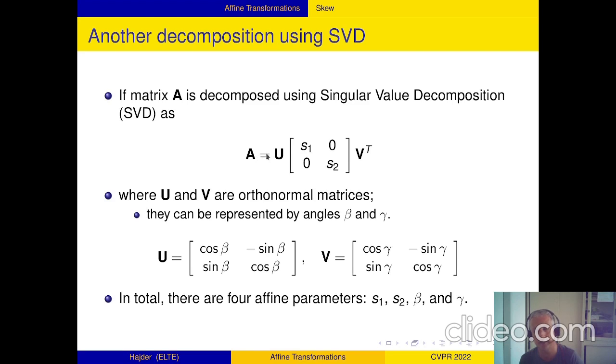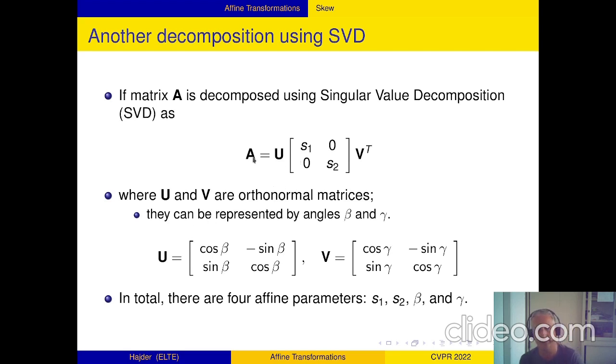So if somebody runs an SVD decomposition for this linear matrix A, whose size is 2x2, in the middle there is a scale with different parameters for the horizontal and vertical scales, and two orthogonal matrices are retrieved, which means that both U and V are rotations in the two-dimensional space.